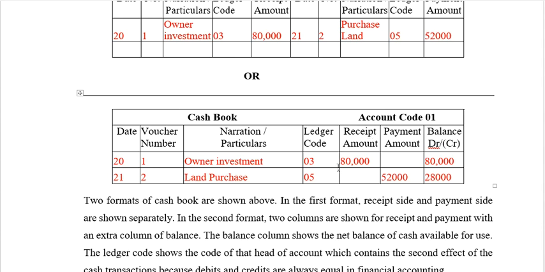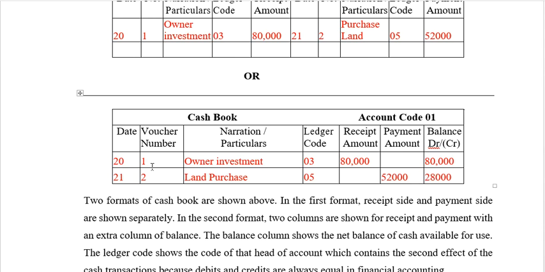And at the end, the balance. Like in our first transaction, on the 20th, voucher, honor equity, honor is going to invest, ledger code 3, and 80,000 is the receipt amount, and your balance is 80,000. But you purchase the land, 52,000 is the payment, and the remaining balance is 28,000.